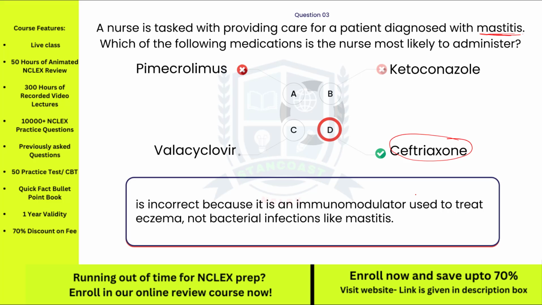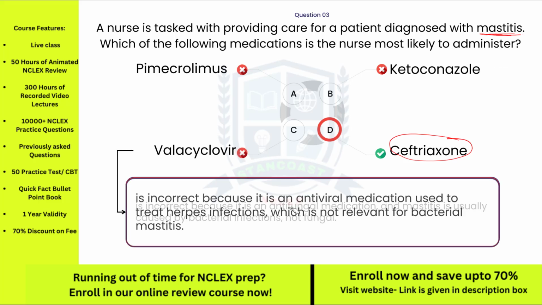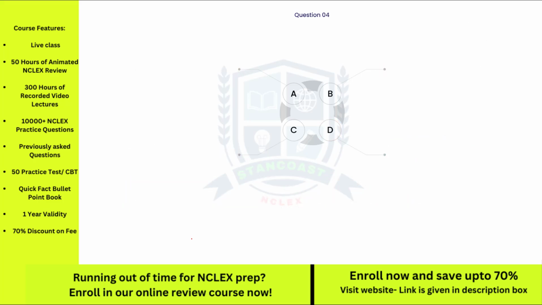Option B is incorrect because it is an antifungal medication, and mastitis is usually caused by bacterial infections, not fungal. Option C is incorrect because it is an antiviral medication used to treat herpes infections, which is not relevant for bacterial mastitis. Let's proceed to the next critical question.